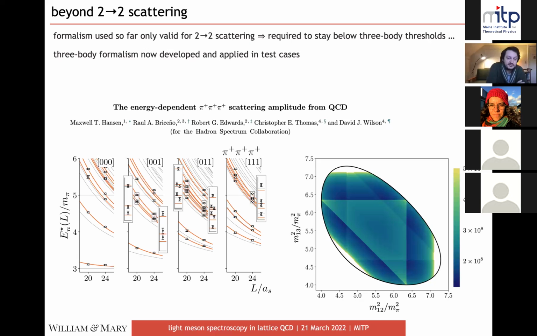And here's an example of 3 pions in isospin 3. So again, a non-resonant system carried out by some colleagues of mine, where they're able to do the full workflow all the way from calculating the spectrum through describing the finite volume behavior, all the way through to a significantly more complicated process than in the 2-to-2 case, all the way through to the three-body scattering amplitude with all its sub-channel possible dependencies embedded in there.